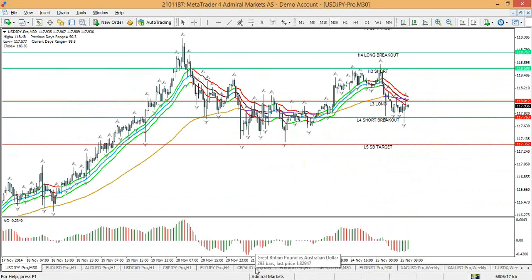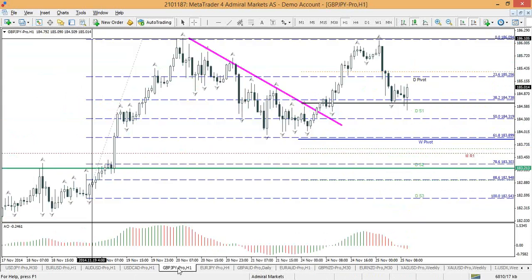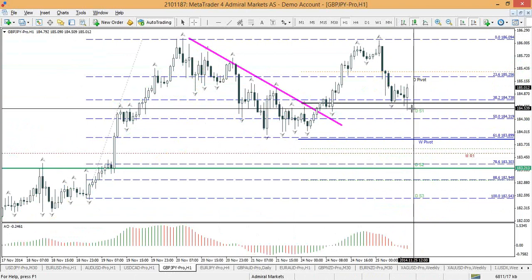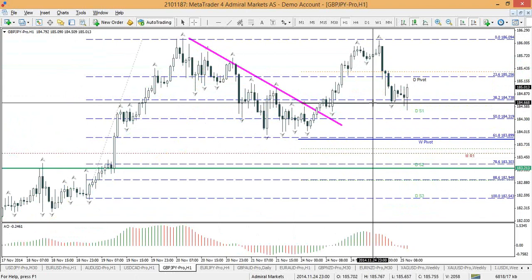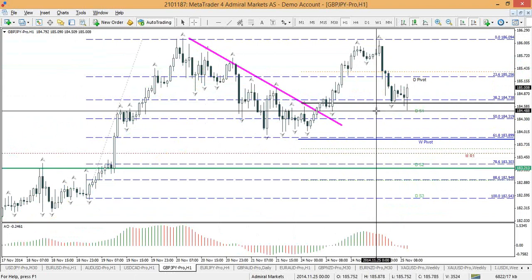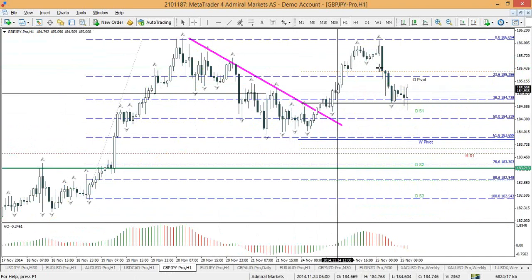And then Bob was asking for pound yen. Let's take a look. Pound yen looks like a good bouncing spot too, I agree. That also had a break yesterday, this trend line.